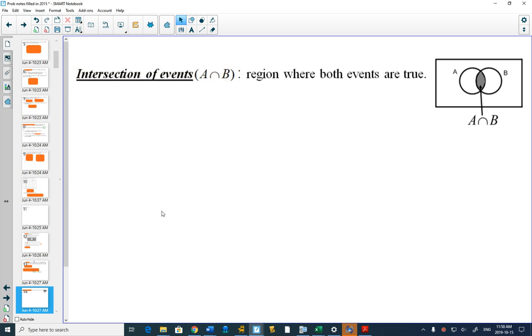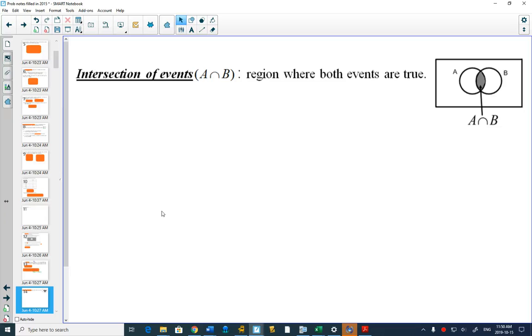The intersection of events. The region where both events are true. In a Venn diagram, we could draw two circles representing two events, and sometimes there's people who are both.